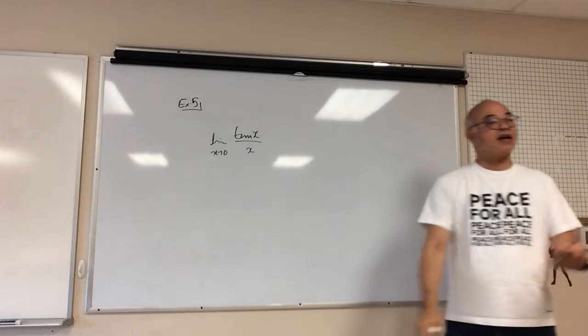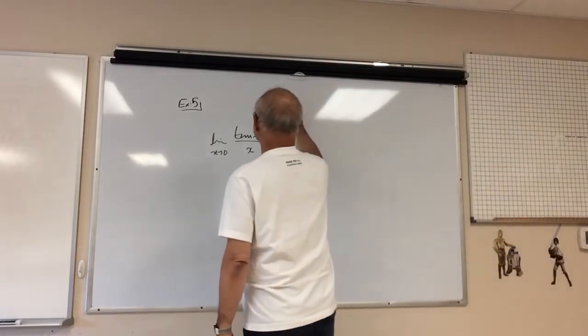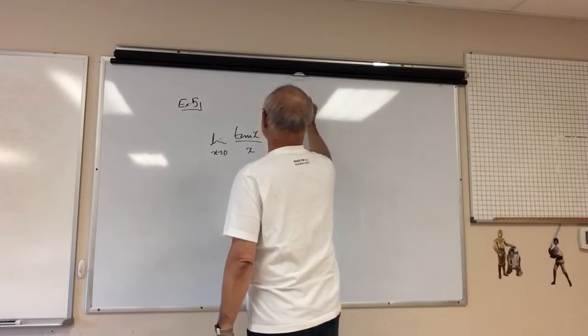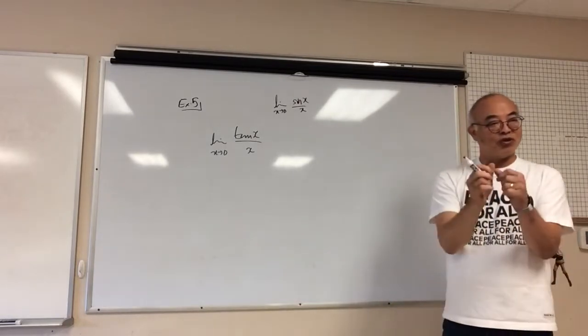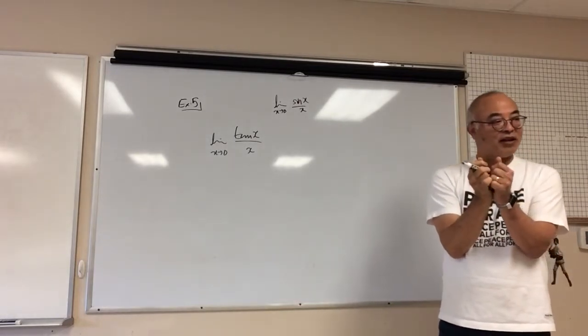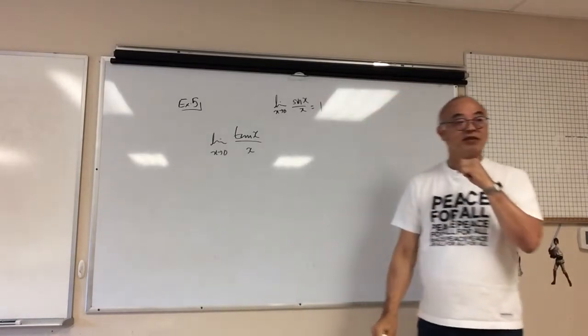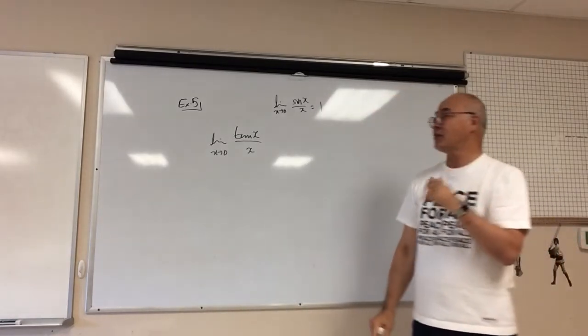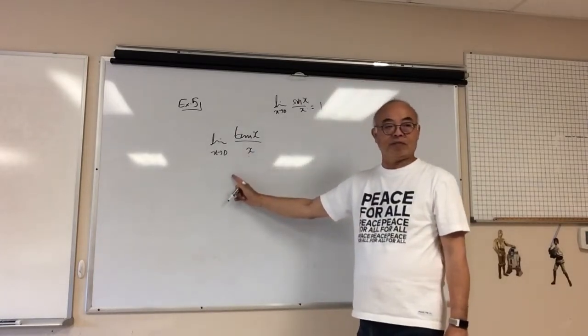Okay, remember last time we did the limit as x approaches 0 of sine x over x, right? And we looked at the graphing calculator and it said what? This was 1, correct? Remember doing that? Okay, we did that. So we're going to use that fact here.